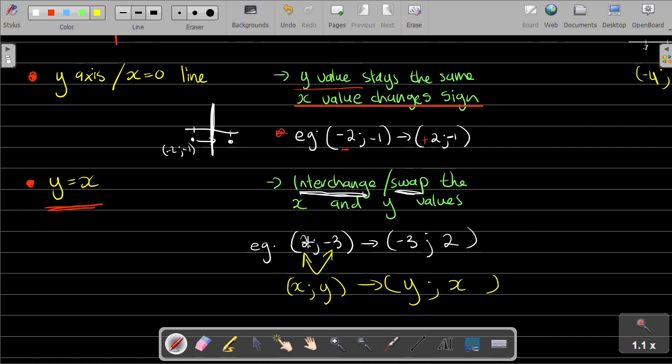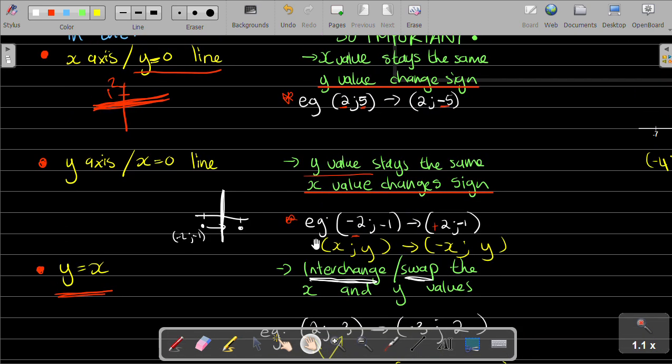As you can see, the 2 now became the y value, and the -3 took the place of the x value. So that's what happens. Let me just write it in here. For the y-axis, the rule is that my y value stays the same and my x value changes sign.